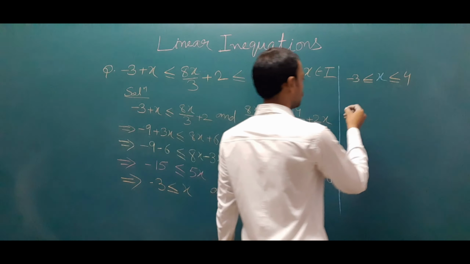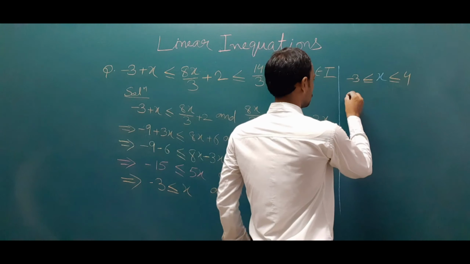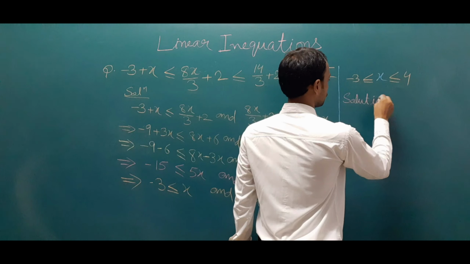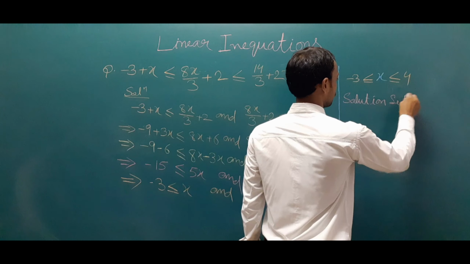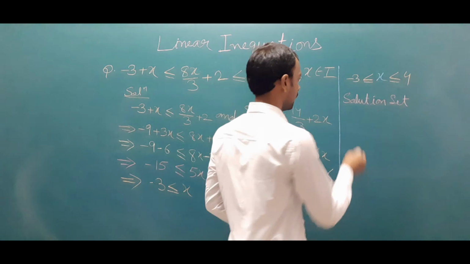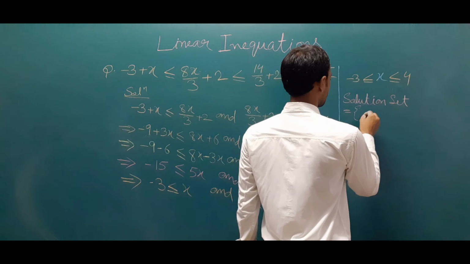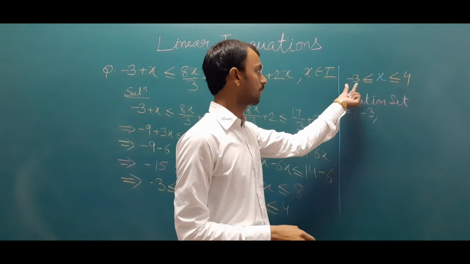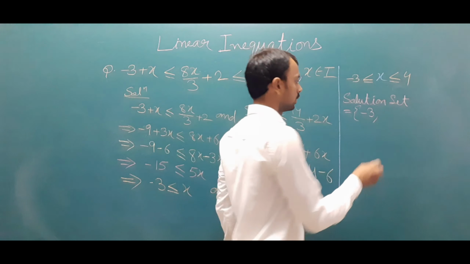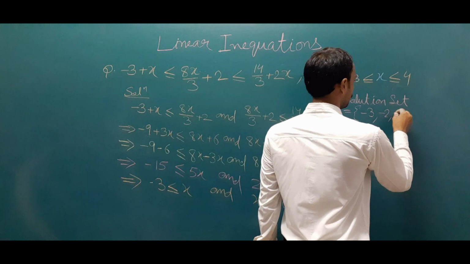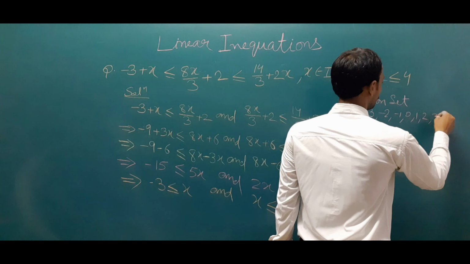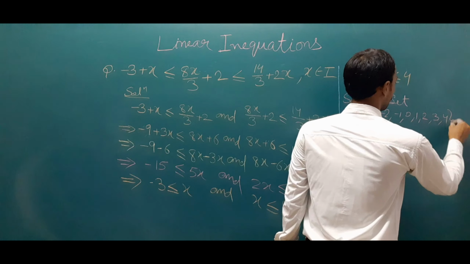So we will write the solution set. It will be, minus 3 will be included, okay, because it is equal to. So minus 3, minus 2, minus 1, 0, 1, 2, 3 and 4.